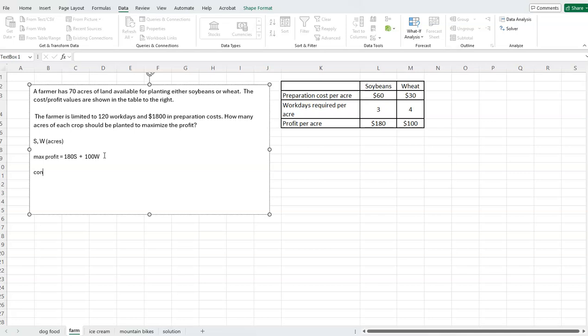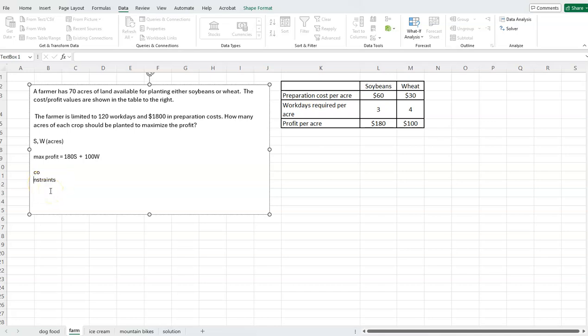Now we have constraints. And as I described in the first video, constraints are either limitations or requirements. So we have to search for those. Now we would seem to have a limitation here in terms of 120 work days, and then a limitation in terms of how much money we have for prep costs.